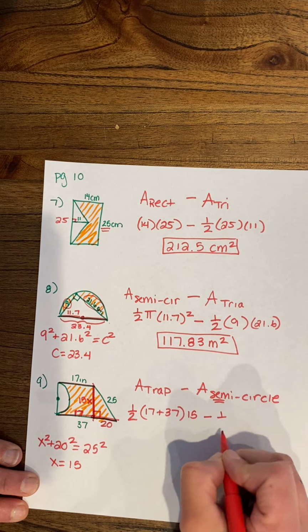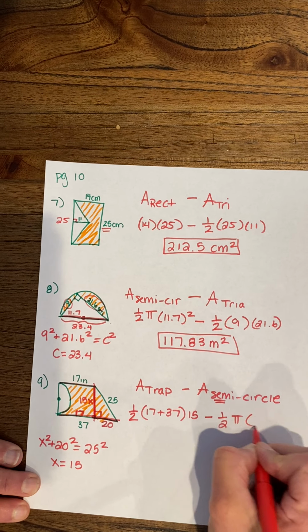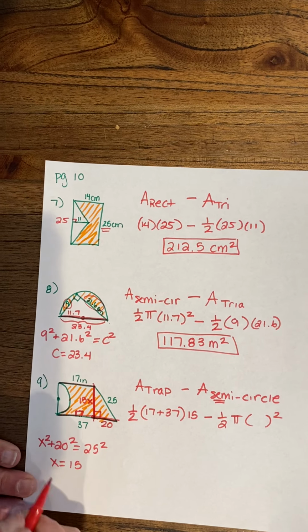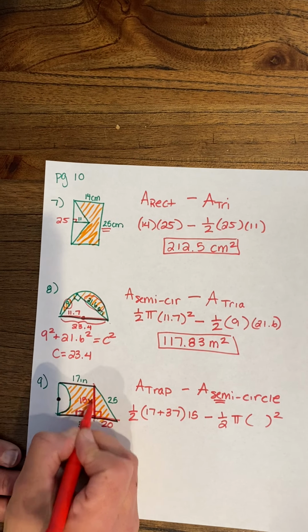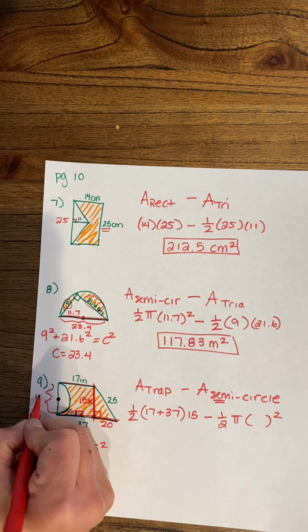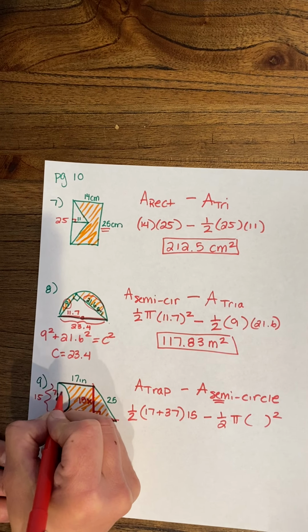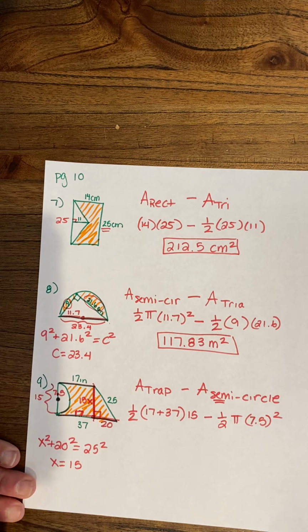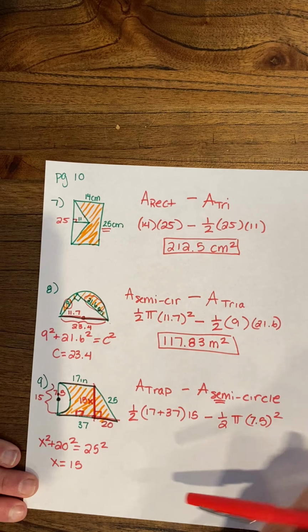Again, it's a semicircle. Don't forget about your half before you do your pi r squared. So again, the radius is not drawn in, but what I did find is the height before was 15, which means this radius has to be 7.5. Okay, so if you don't have it, there's always going to be a way to find it.